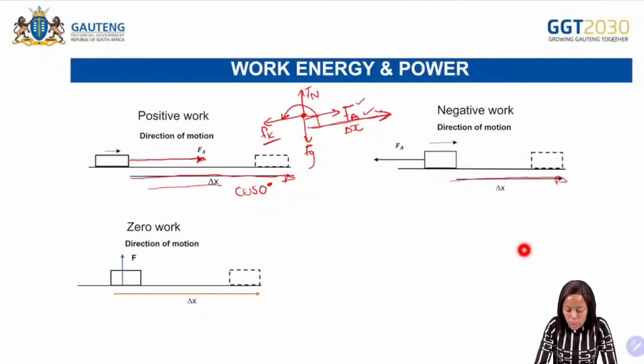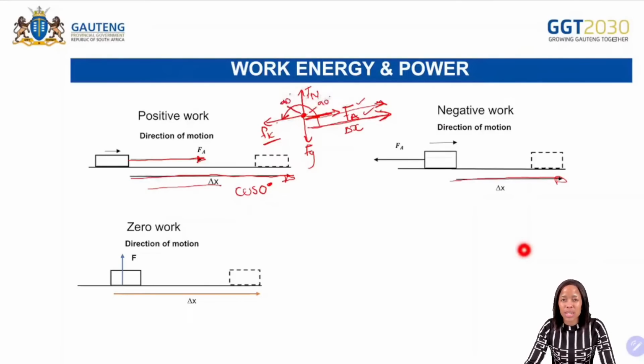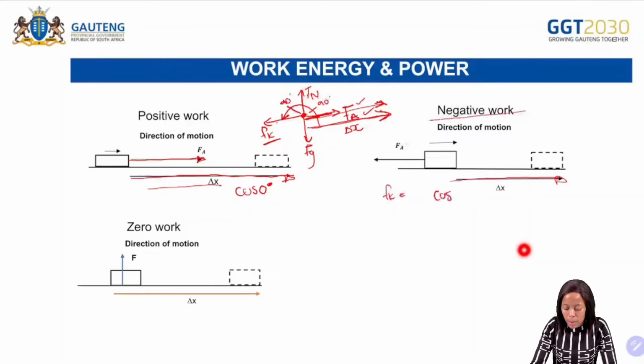So between the displacement and the Fk, what is the angle between the two? So it's going to be this side, we have 90 degrees plus by what? Plus by 90 degrees. So 90 plus 90 is what? Is 180 degrees, okay? So when we have negative work, for example, with the Fk, we are therefore saying that it is when we have what?